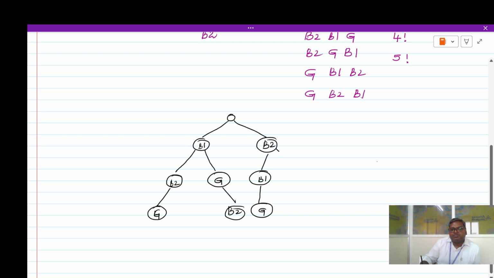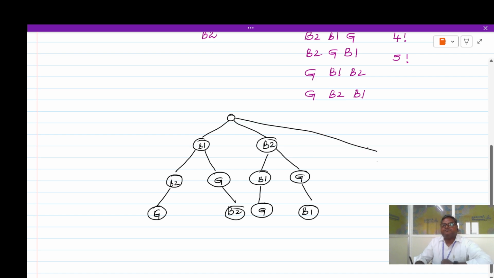Then after boy 2, instead of keeping boy 1 and girl, I can keep girl and boy 1. Sorry, the third option is we'll start with girl, and once we start with girl, the second place goes to boy 1 and third place goes to boy 2.